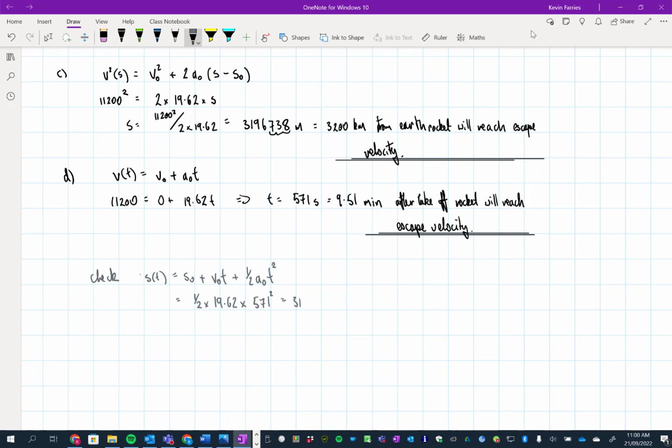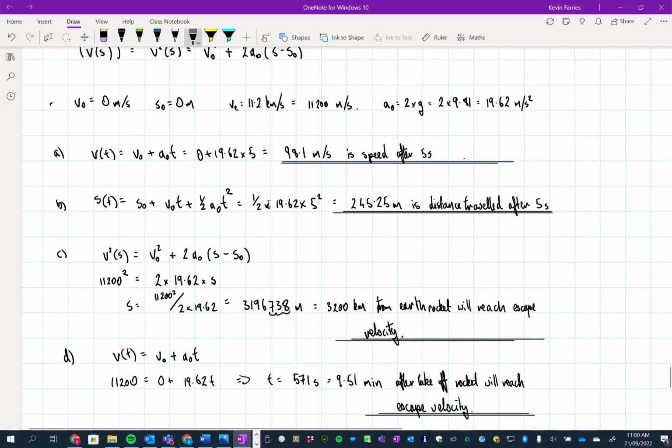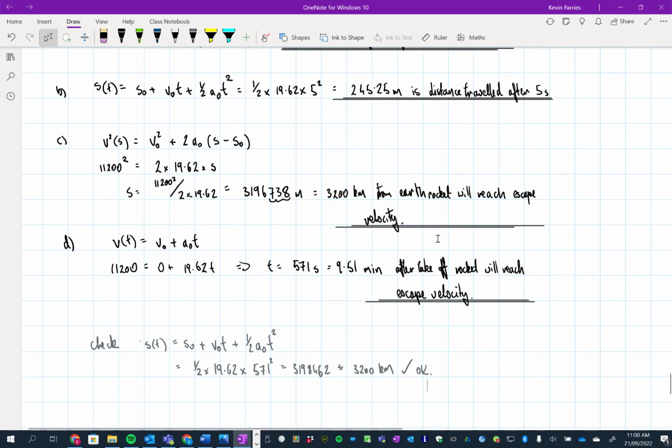It's 3,198,426.462, sorry, which is approximately equal to 3,200 kilometers. Yep, which is what we got previously. So we're just chucking our results back into one of the other equations and just checking that result. And it looks okay. Next problem.